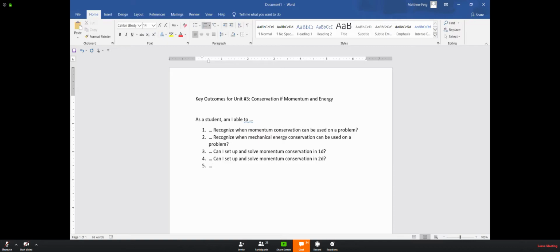There is one more for momentum. Am I able to recognize inelastic versus elastic collisions?